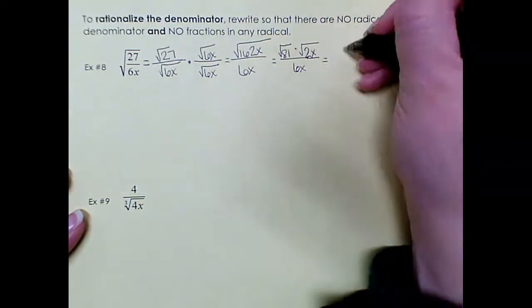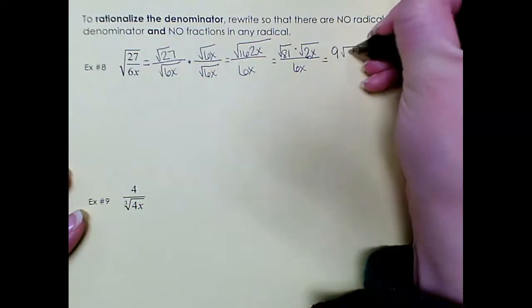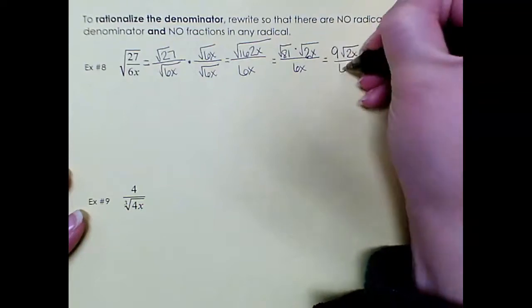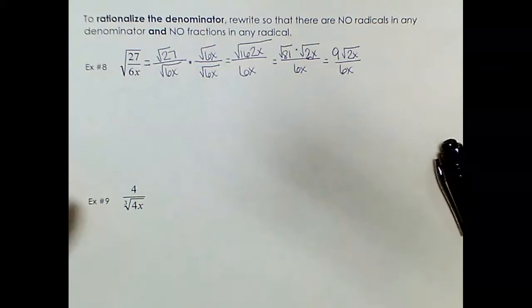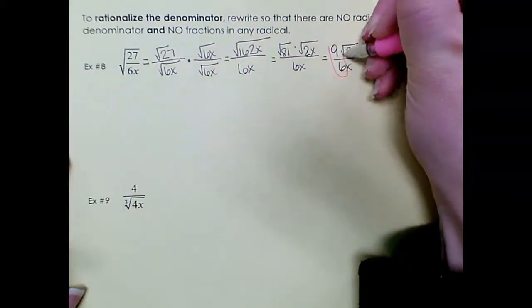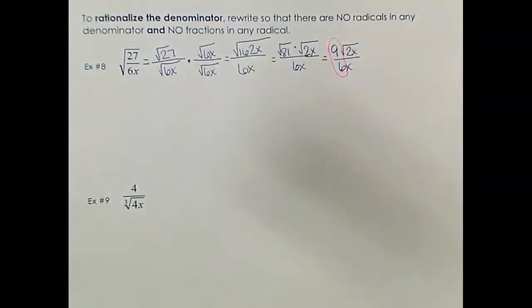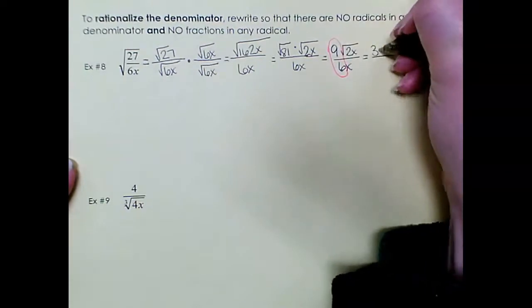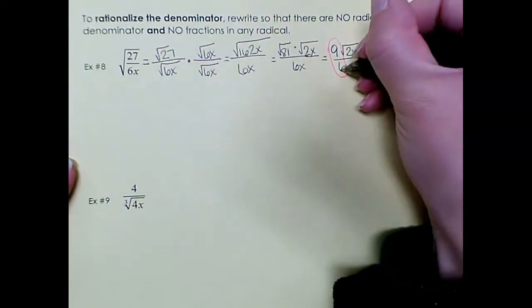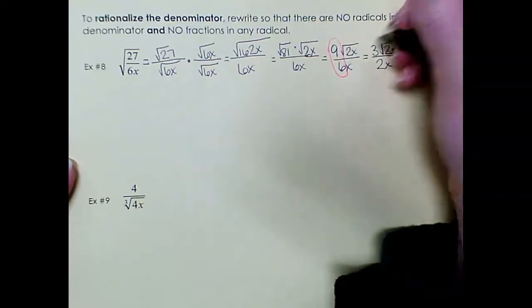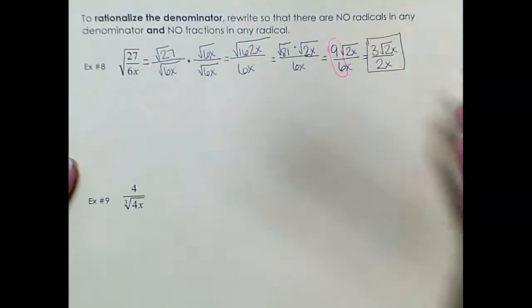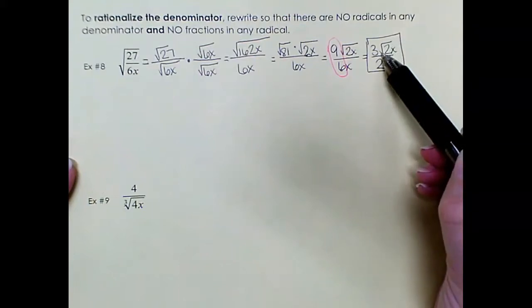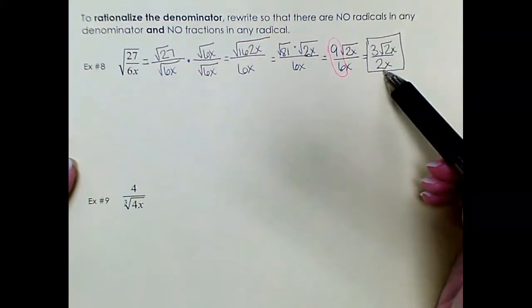The square root of 81 is 9. I notice that my coefficients are both divisible by a common factor. What are they divisible by? 3. 9 divided by 3 is 3. 6 divided by 3 is 2. No fraction under the radical, no radical in the denominator.